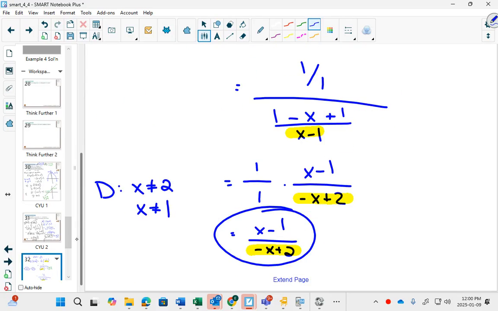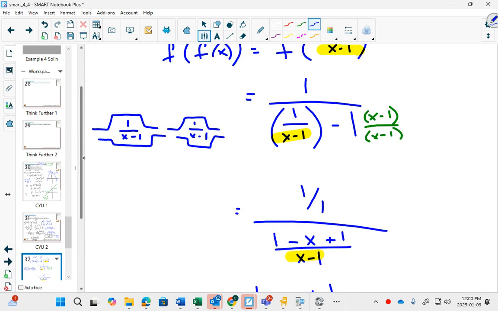If I plug in 2, I could plug in 2 into the first machine, no problem. It would go through and out would come a 1. Be like, yeah, see, no problem. But then that 1 would go on that conveyor belt, go into machine 2, and boom, blow up machine 2 right after that. So when we're checking domain, we have to check everywhere and every situation that is not allowed.